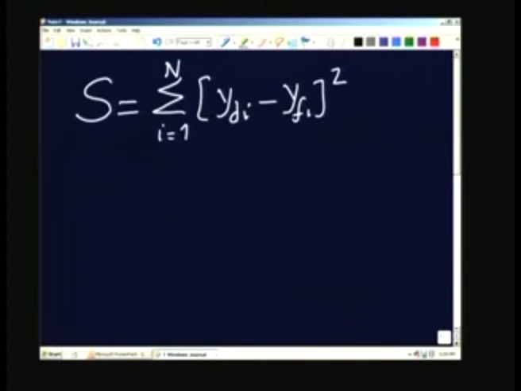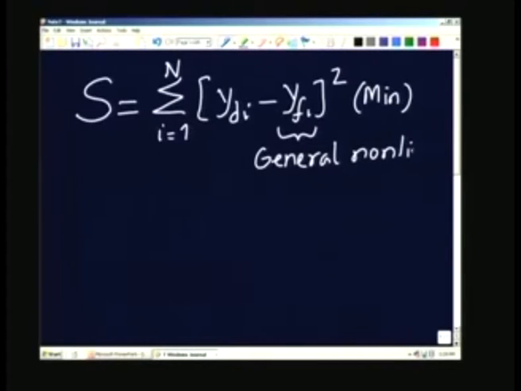So we want to minimize this, and this is a general nonlinear function with p parameters. Here p may be 2, 3, 4, whatever the number.